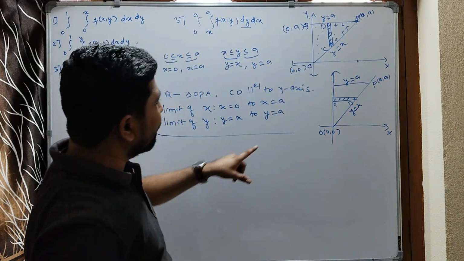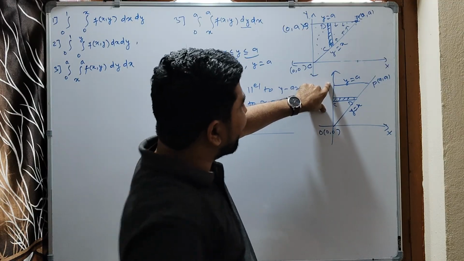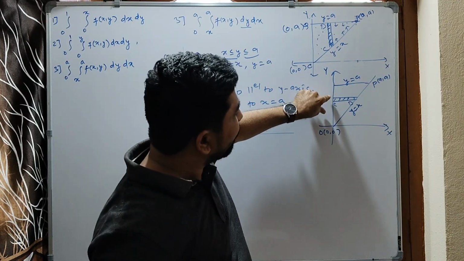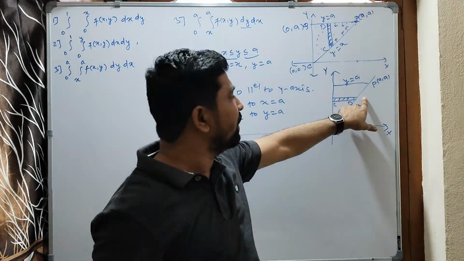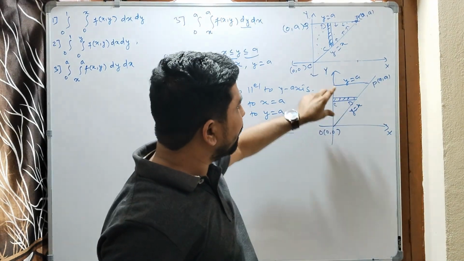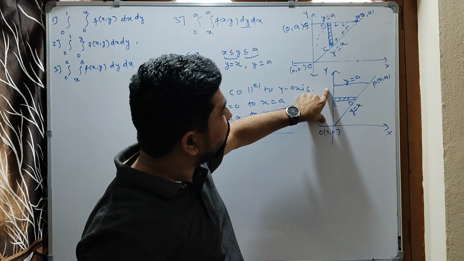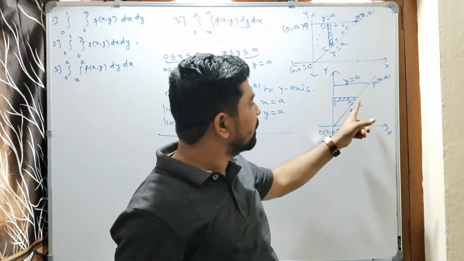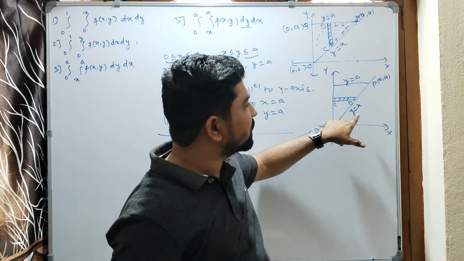Now my strip CD starts on the y axis and terminates on this line y equal to x. So the value of x on the y axis is x equal to 0, and the general value of x on this line is x equal to y.